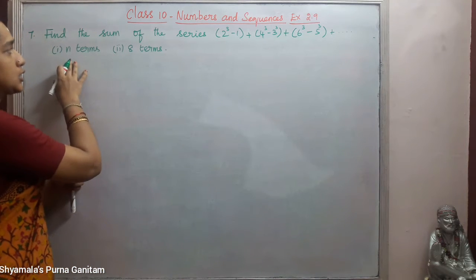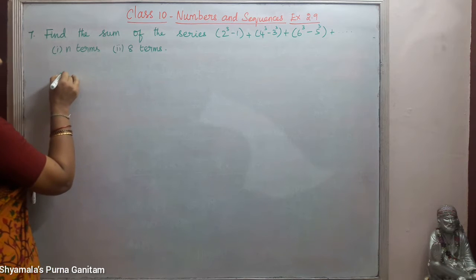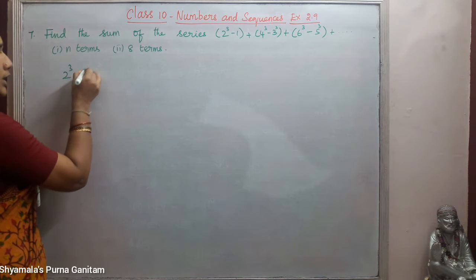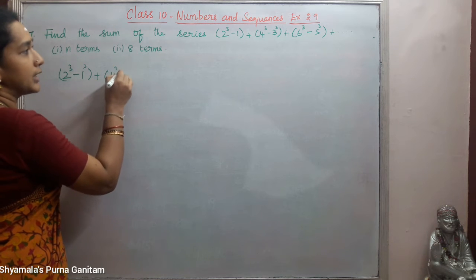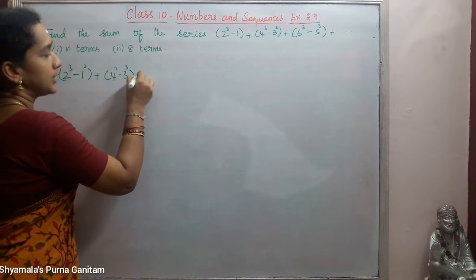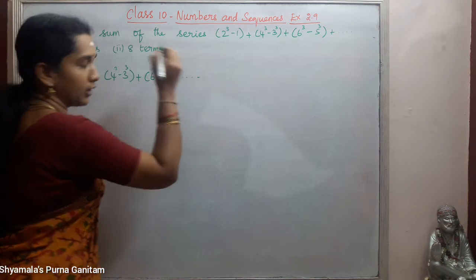For this we are asked to find the sum of n terms and 8 terms. So, the question given here is 2 cube minus 1, we can write that as 2 cube minus 1 cube plus 4 cube minus 3 cube plus 6 cube minus 5 cube. Like that it is going on. Okay.